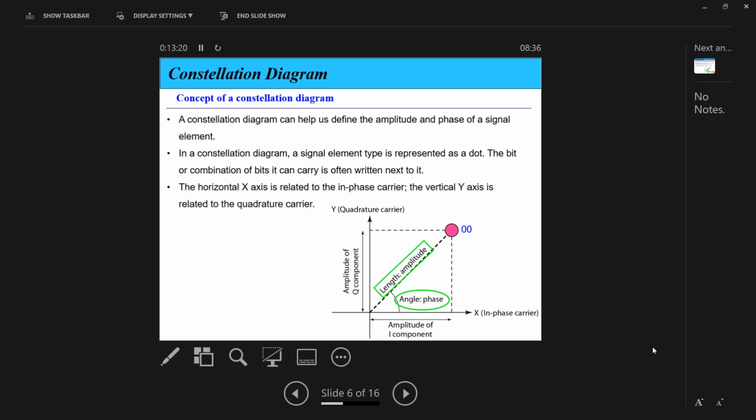The horizontal axis is related to the in-phase carrier and the y-axis is related to the quadrature carrier. Okay?